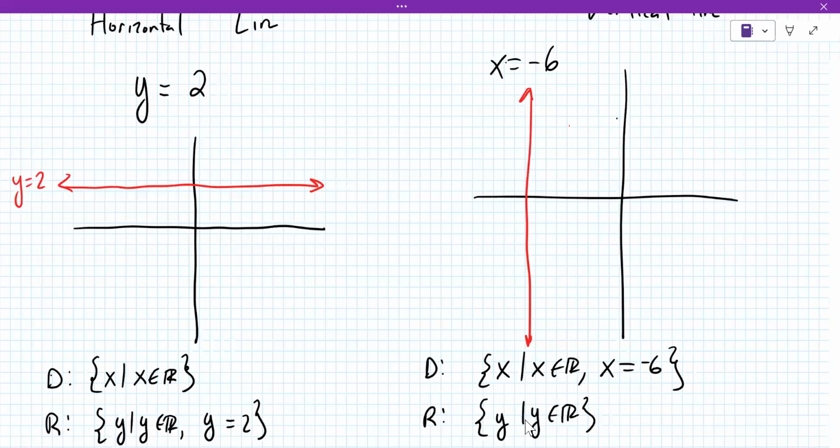When you have a vertical line, the range could always be all, but the domain will be one number, because that's where it falls on the x-axis, and the opposite for a horizontal line. Exactly. I like that last part the most that you said. One thing that makes it easy to remember something is you remember one case and then the other is kind of the flip of it. See how the domain and range are sort of flipped in each one? You said it really well.